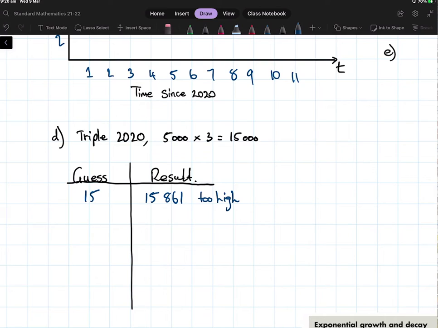It's not too far off, and we know this is only gradually growing, so I'm going to guess the number 14. And when I guess 14, I get a result of 14,685, which is too low. But the exact number I need is somewhere in between there.